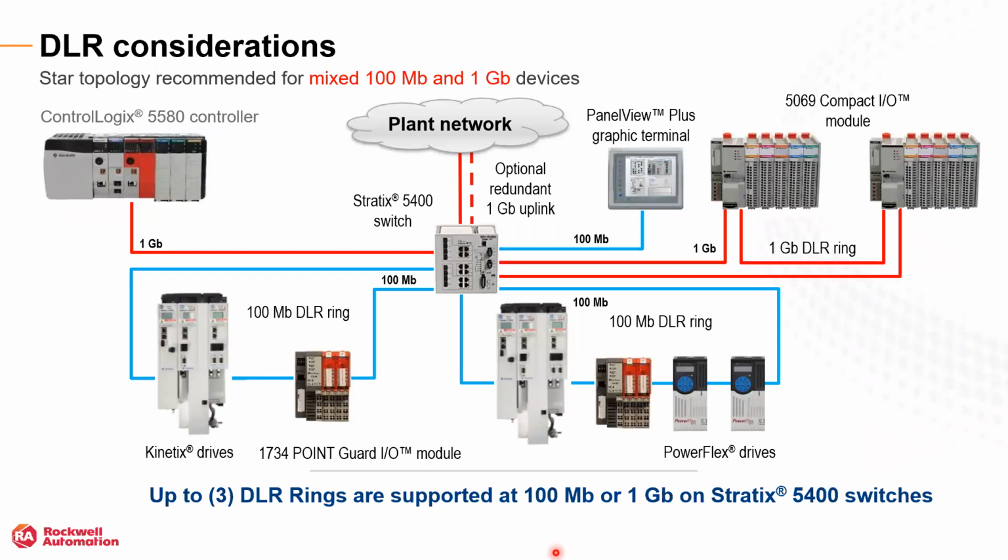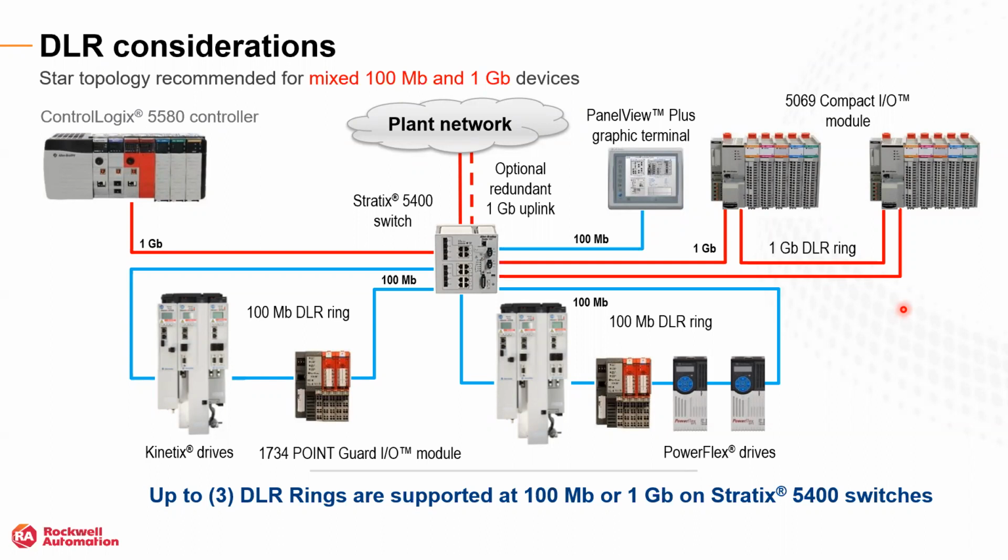All right. And this is sort of just a follow-up slide showing how we can support up to 3 different networks. In this case, we have 200 meg DLR rings and a gigabit. The gigabit is using the 5069 ControlLogix IO, which does have a gigabit port built into it. Our Flex 5000 would also fit the bill there.